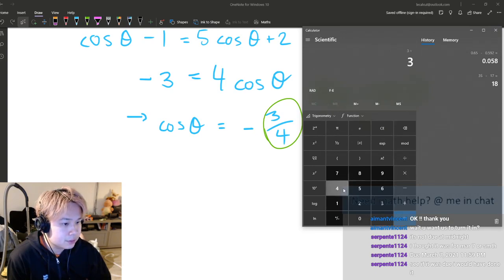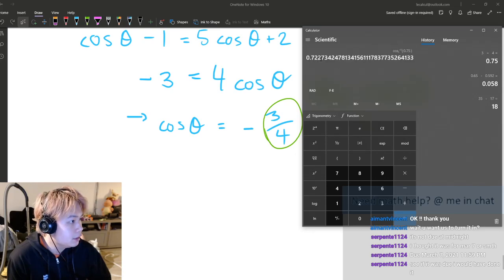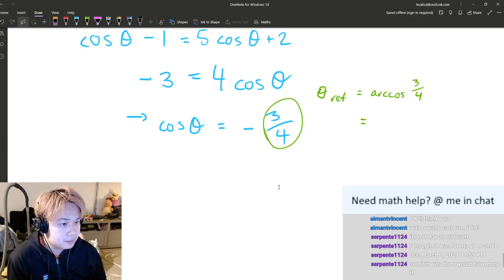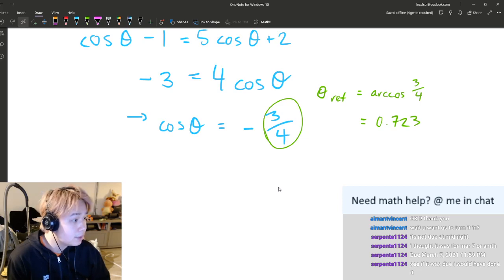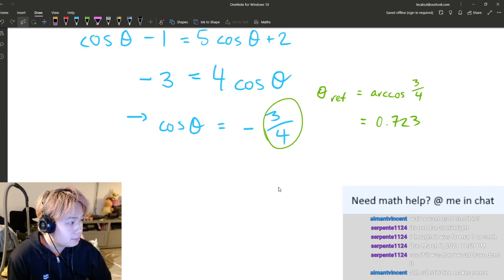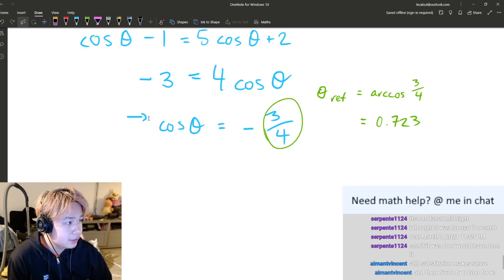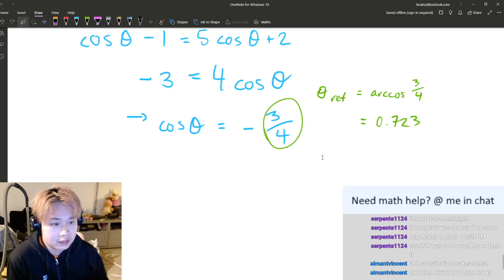So inverse cosine of 3/4, and then you get 0.723. So that's my reference angle. And then the negative determines which quadrant theta is in. Yeah, and then we'll divide by 3 later. And then that leads to some trickiness. So again, it's not a big deal if you guys couldn't do this question.